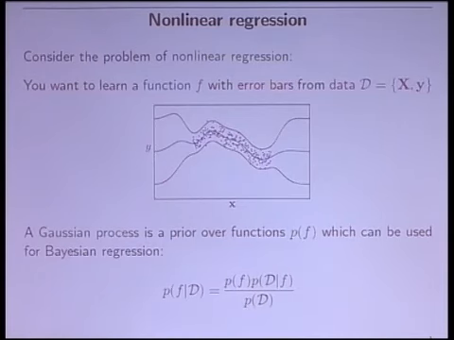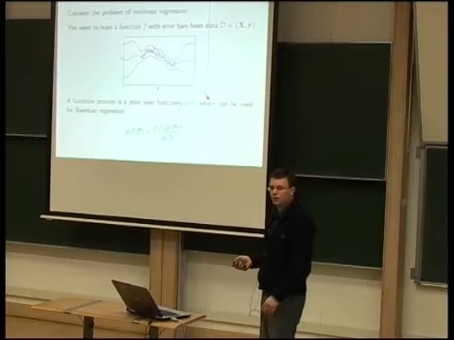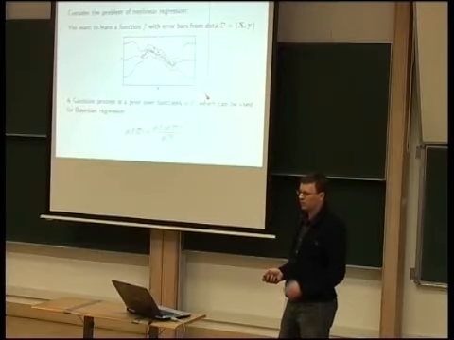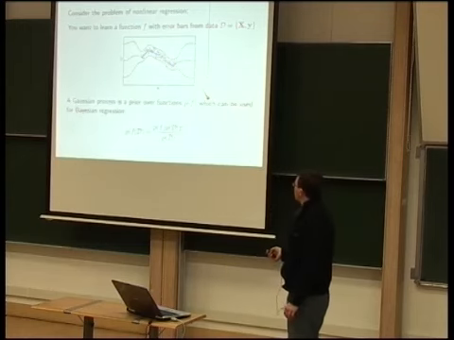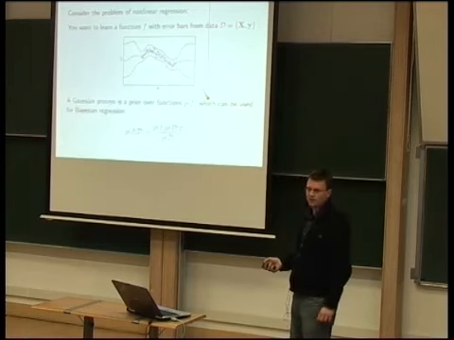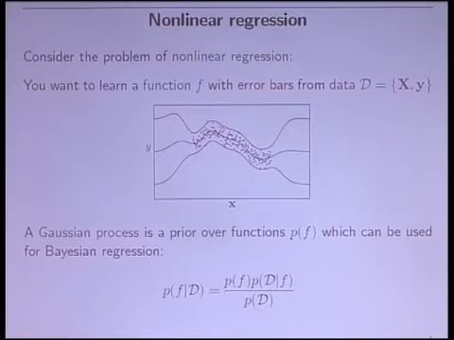Gaussian process is quite an elegant way of doing this type of nonlinear regression, because it allows you to directly specify a Bayesian prior over functions, and then in conjunction with some sort of noise model or measurement process, you can then learn full posterior distributions over functions, and so get these nice error bars.